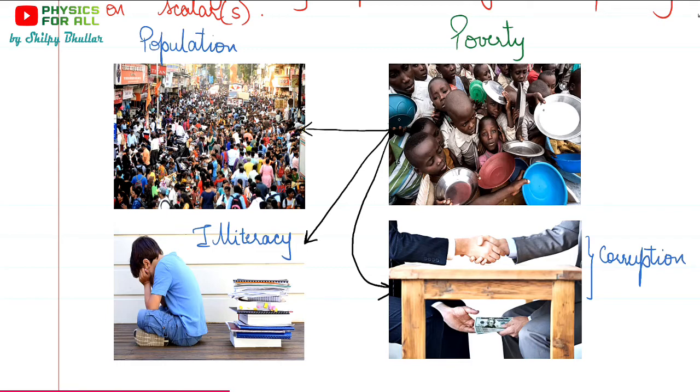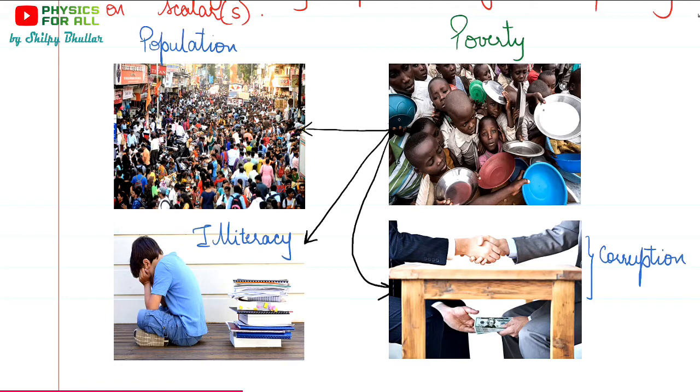So this study is all about dependence of poverty on population, illiteracy, and corruption. Population is independent variable, illiteracy is independent variable, corruption is independent variable. And who is dependent? Poverty, because poverty is depending on all these three variables. So whenever there will be some change in these three, poverty will be affected. We will study the influence of these three parameters on poverty.